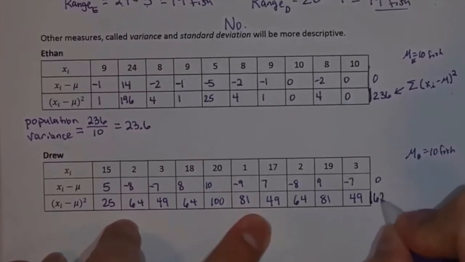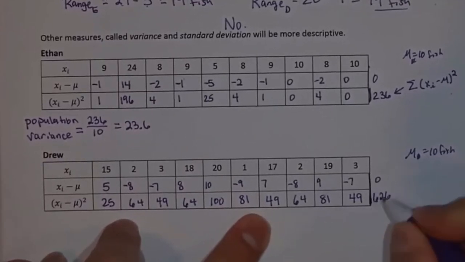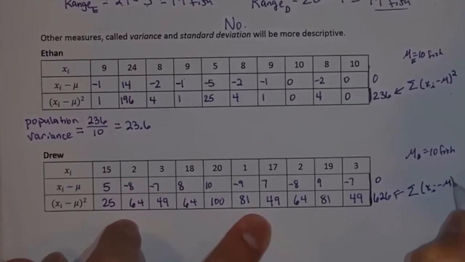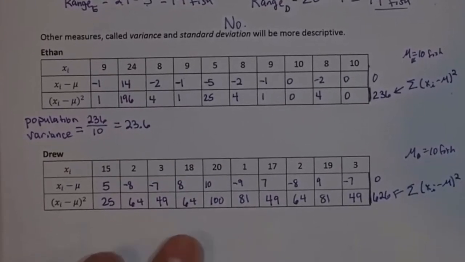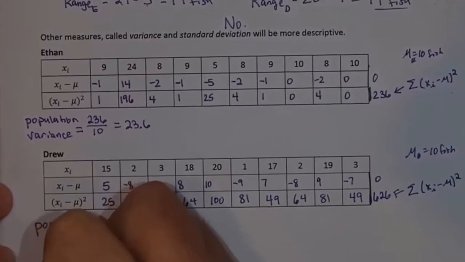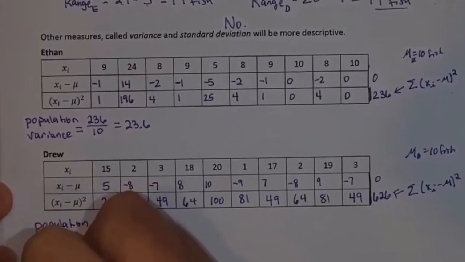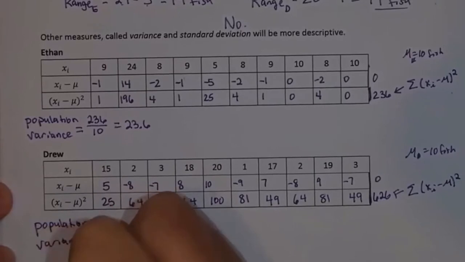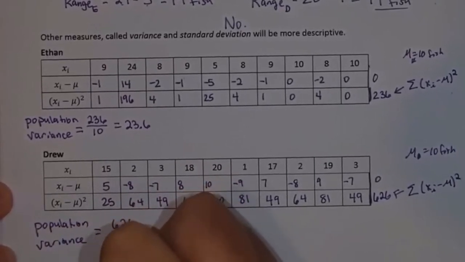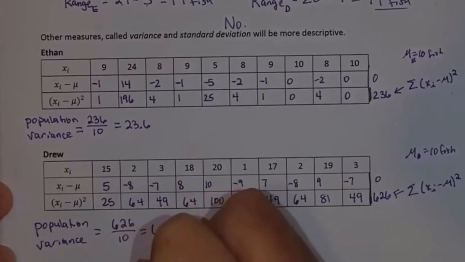So 626. And so for Drew, that is his sum of x sub i minus mu squared. So Drew's population variance is going to equal 626 divided by 10, which is 62.6.